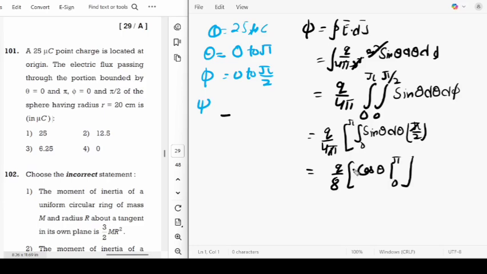Q by 8 after putting the value becomes 2, it's Q by 4. Q has value 25 microcoulomb divided by 4. That comes out equal to 6.25 microcoulomb. So it's our option number 3. Option number 3 is correct.